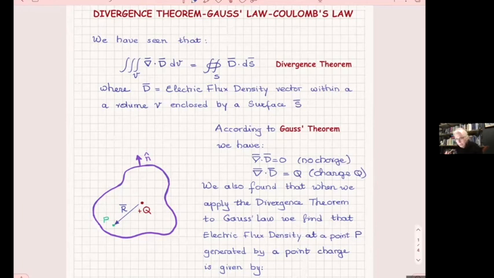And if there is no charge at that point, the divergence of D is 0. That's what Gauss's law says. All right. This is an important relationship. You need to remember it. Okay.